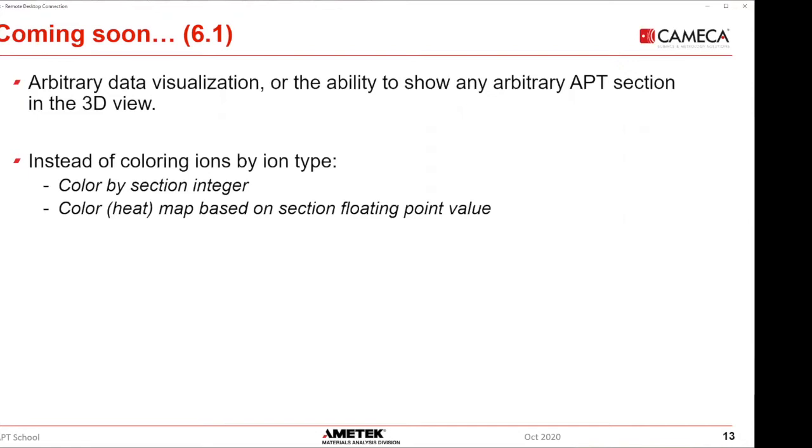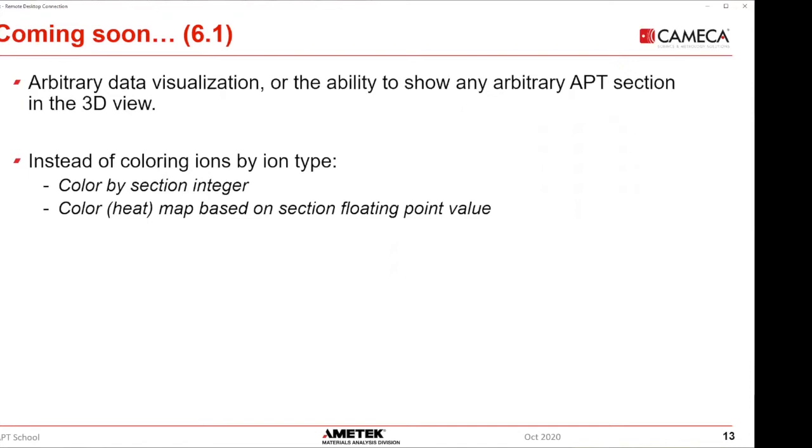So if it's an integer type, you get to choose what color you want for each integer, or if it's an integer or floating point type, you can color based on a heat map or a color map. And that map is editable by you. And then instead of coloring the 3D view of IVAS by the ion type, you can color it by your column in your APT file.